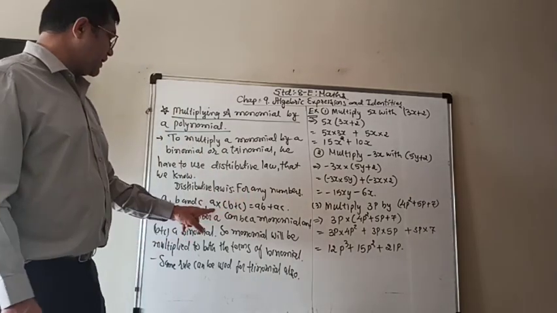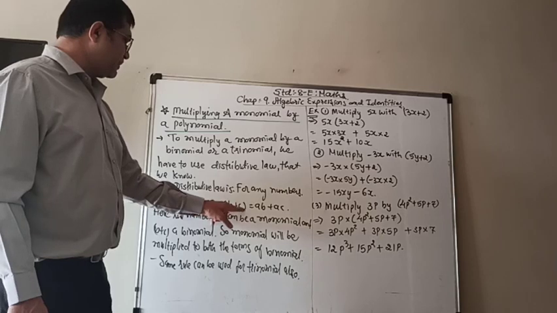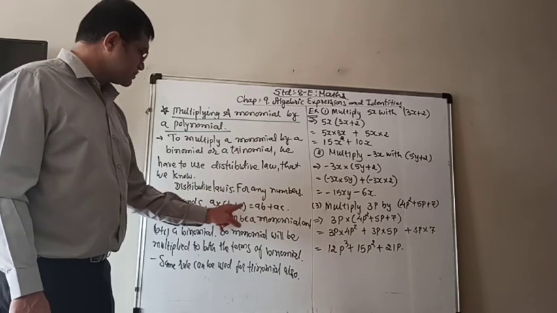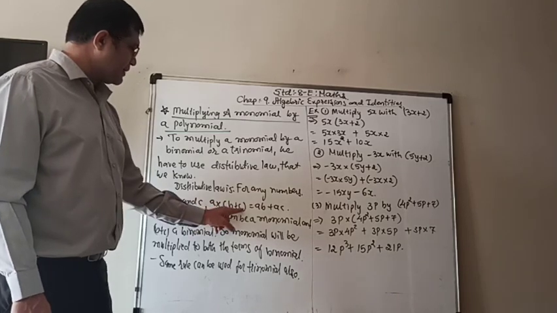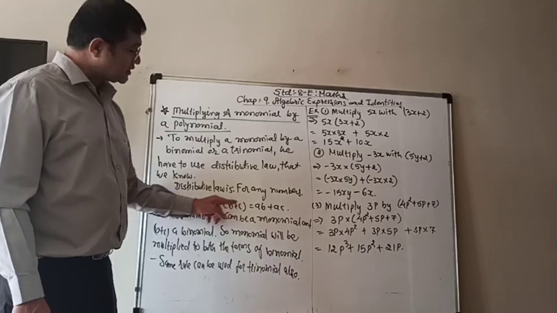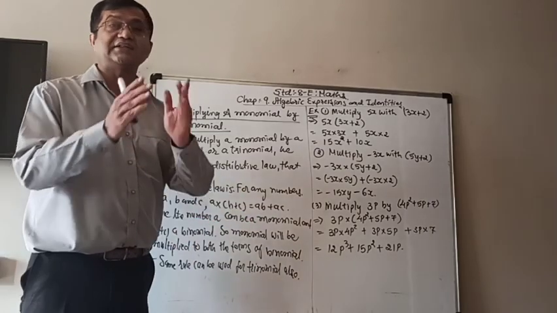It means that A multiplied by bracket B plus C is equal to A multiplied by B, that is AB, plus A multiplied by C, that is AC. So that number will be multiplied with both the numbers inside and then you write them down.